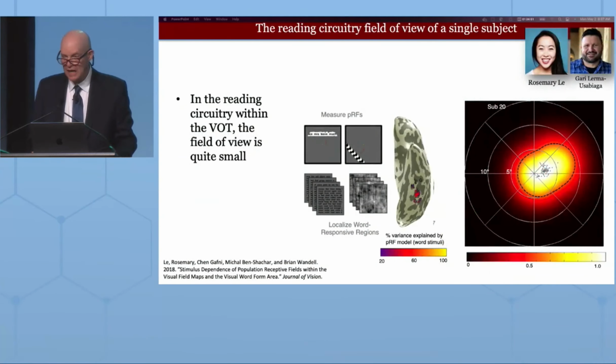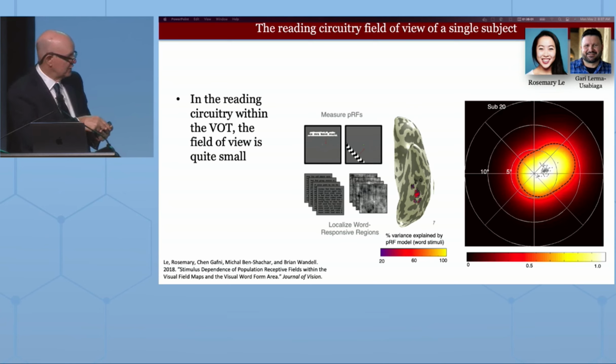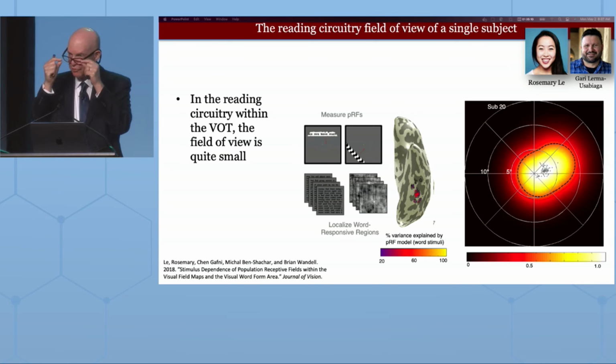When you look at the coverage of the visual field that's available in the visual word form area, it's actually quite small. So I hope you can see this is 5 degrees of eccentricity, 10 degrees of eccentricity. Eccentricity goes out to 80. A small part of the central region of the fovea is communicated into these regions, and so what's being trained is just that part.